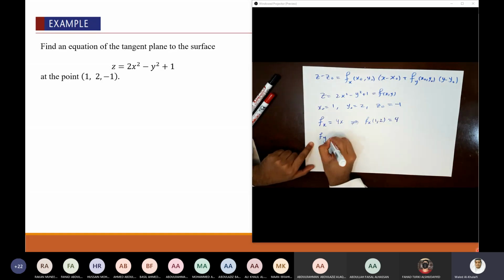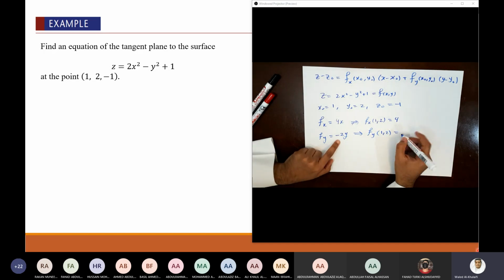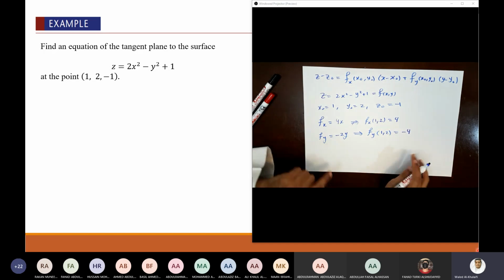Now, derivative with respect to y? Minus 2y. So the derivative with respect to y evaluated at the point 1 and 2 is equal to minus 4, right?